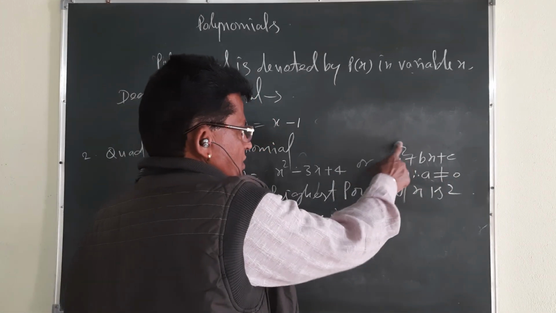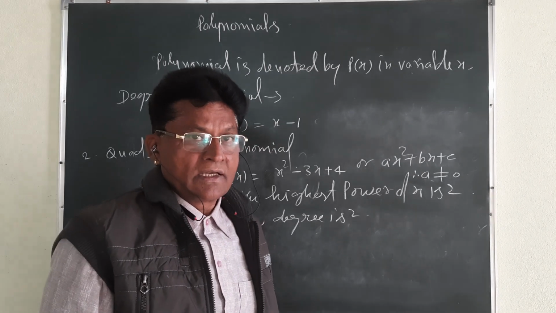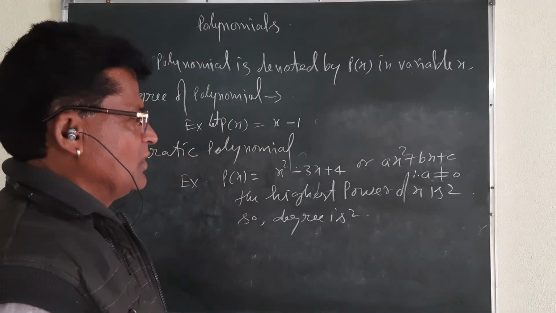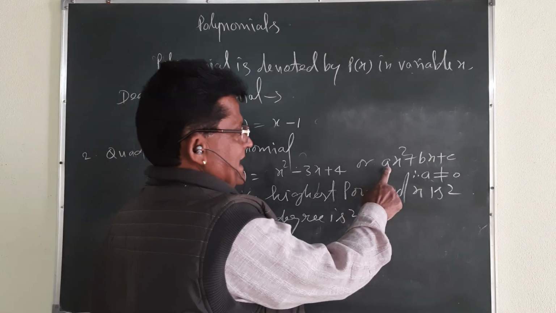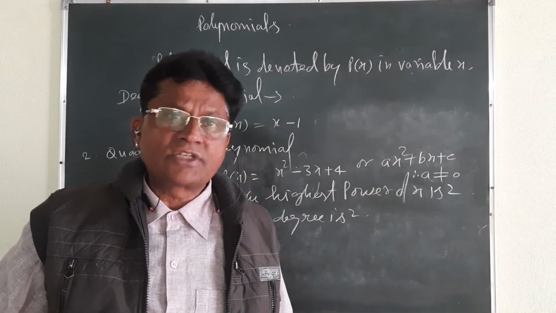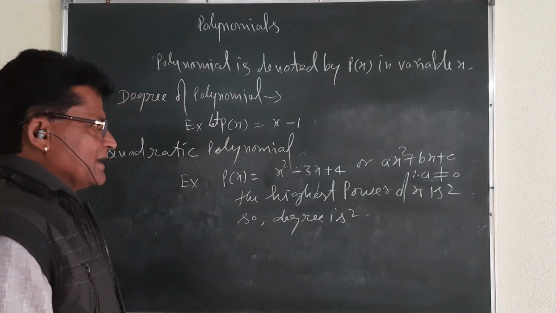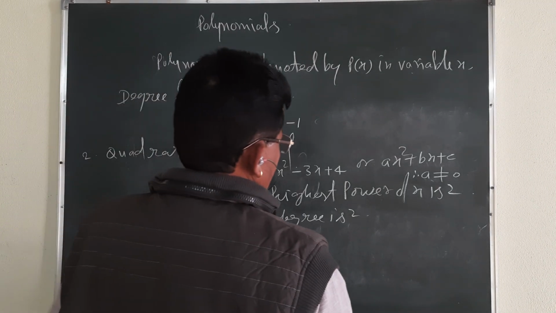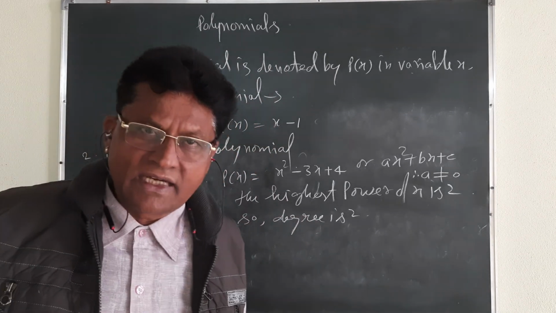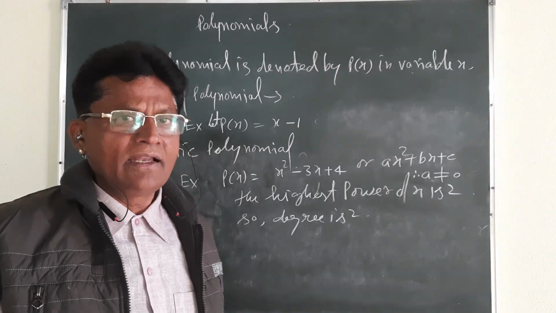Because if a is 0, the x square term vanishes, it will not be a quadratic equation, it will become a linear equation. That is why see carefully. Also, the values of a, b and c should be real numbers. You can write that a, b, c are real numbers.